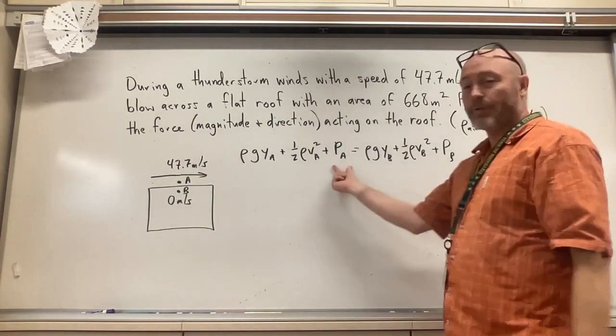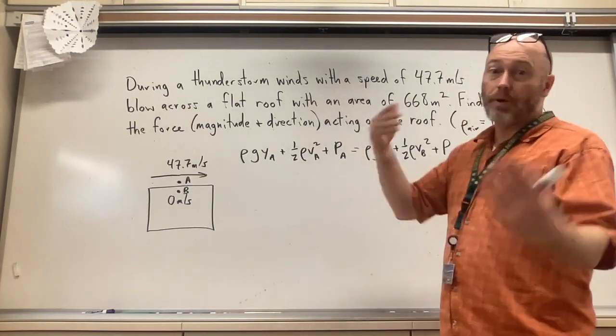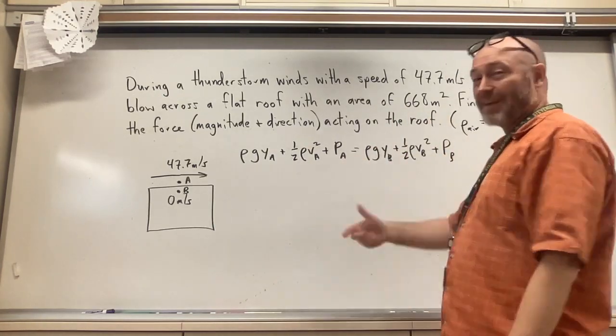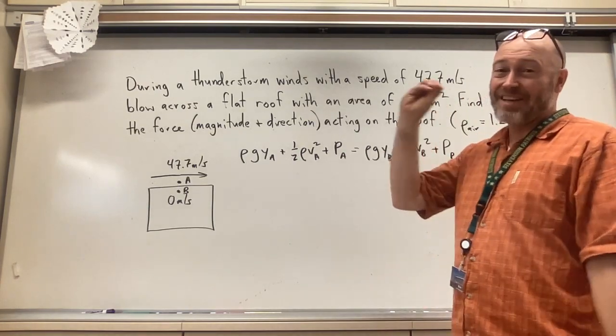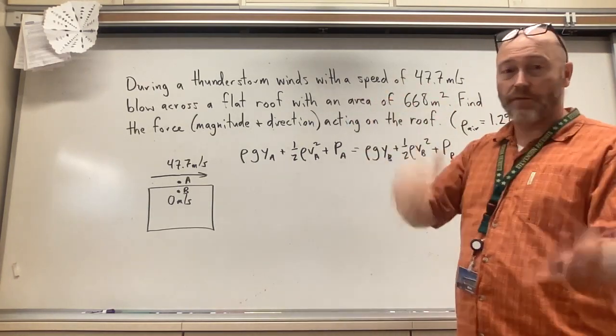It's actually going to be related to pressure. Remember, pressure is force over area. So if we can find the difference in pressure, and we know the area, which we do, we can find the force that's going to be exerted.